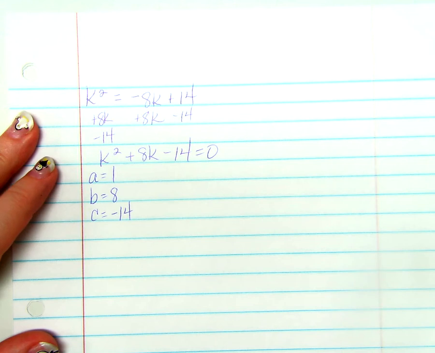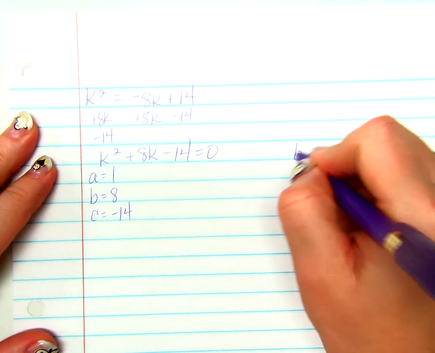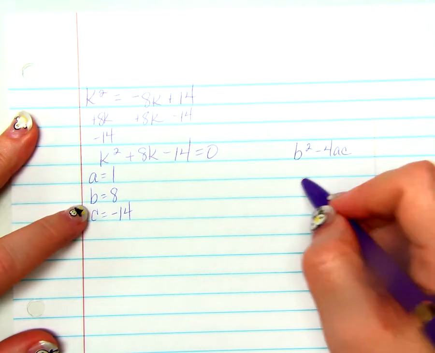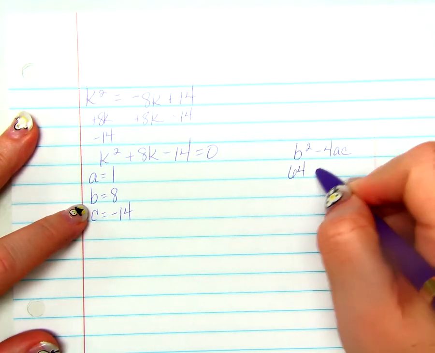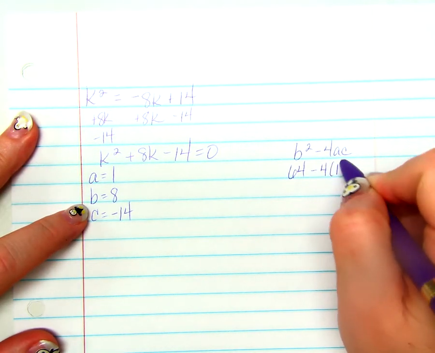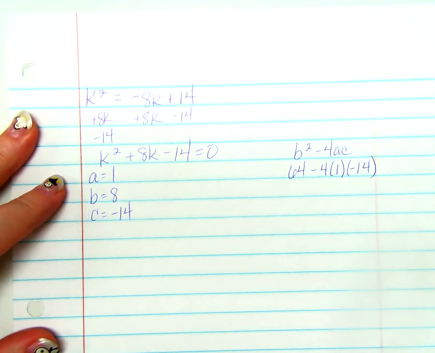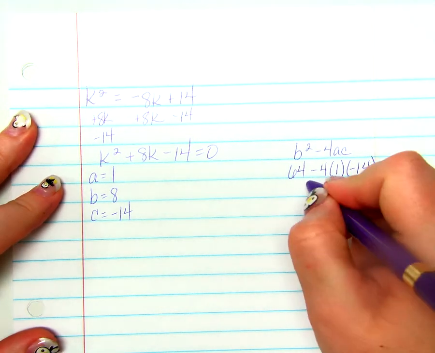Okay? To find our discriminant, do you remember what the discriminant is? That's b squared minus 4ac. b squared is 64 minus 4 times 1 times negative 14, and that is 120.